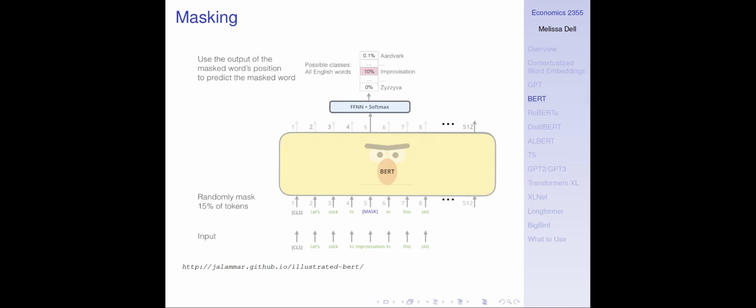It goes into this multi-layer transformer where you're stacking up these encoder blocks from the transformer. And then at the end of that, you have a fully connected layer and a softmax that goes to all words in the vocabulary. You use the output of those 15% of words that you've either masked or kept the same or replaced at random to evaluate how the model is doing.